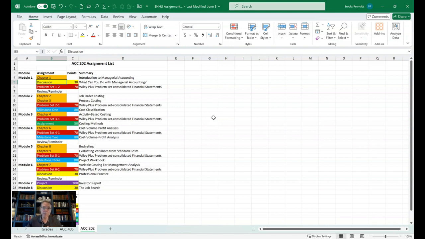In a manufacturing process, you have a plant, and every cost has to be assigned to a product. And so that really is what our goal is, to make the best decisions on how to assign these costs. And then we'll look at variable costing for management. We'll also look at, let's see, evaluating variances from standard cost.